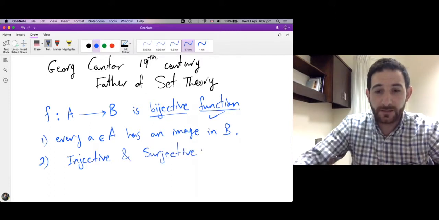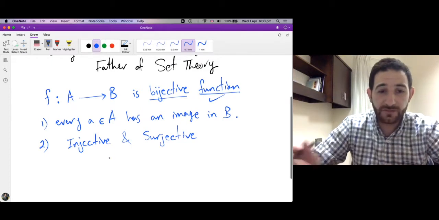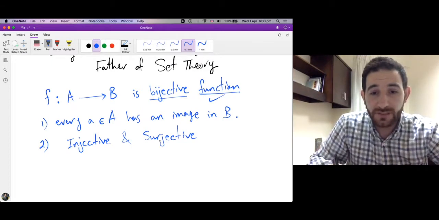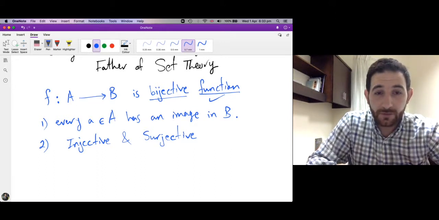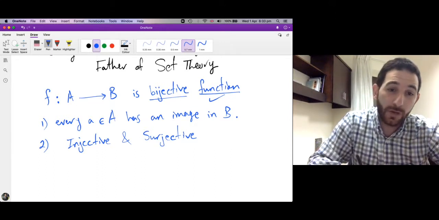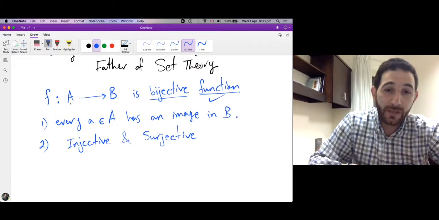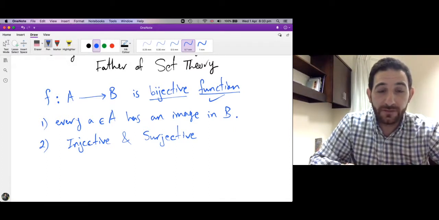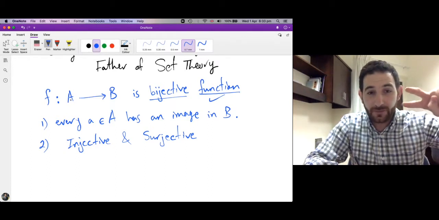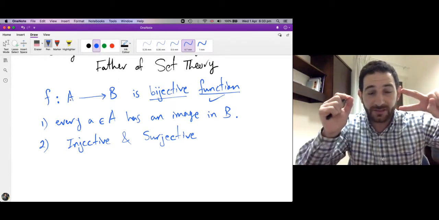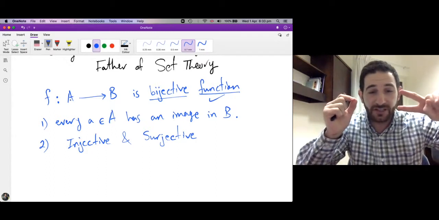Okay, if we know these two pieces of information, then what does it mean it is surjective? It means that every element in the codomain has at least one pre-image, right? And what does it mean it is injective? That any element in B can't have two or more pre-images, because if you have two pre-images, this means we have two elements in A with the same image, and this is forbidden by injectivity.